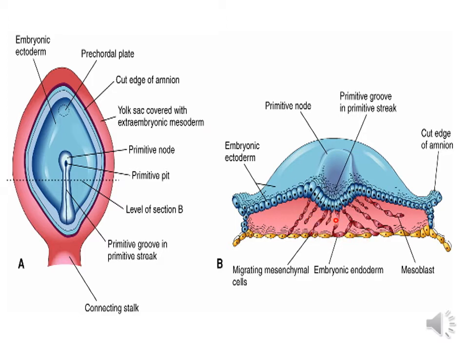Some occupy the area between the epiblast and hypoblast, forming the mesoderm, which is the intra-embryonic mesoderm. Other cells remain in the epiblast, forming the ectoderm. So, at the end we have three germ layers: ectoderm, mesoderm, and endoderm, and the structure is named the gastrula.